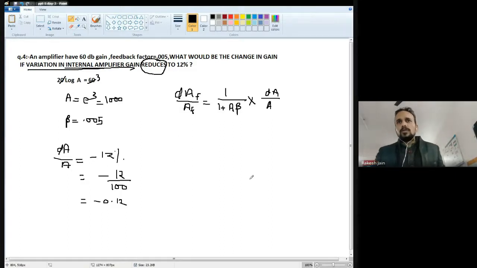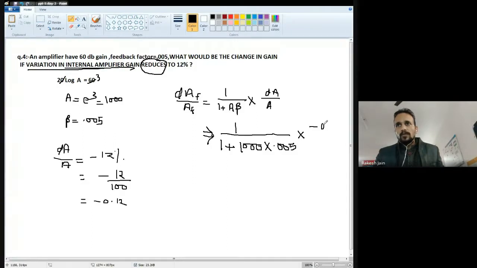Now put the values in this equation. So what is DAF upon AF? Now see very carefully. 1 upon 1 plus A beta, where A is 1000, multiplied by beta, which is given as 0.005, multiplied by DA upon A, which is minus 0.12.